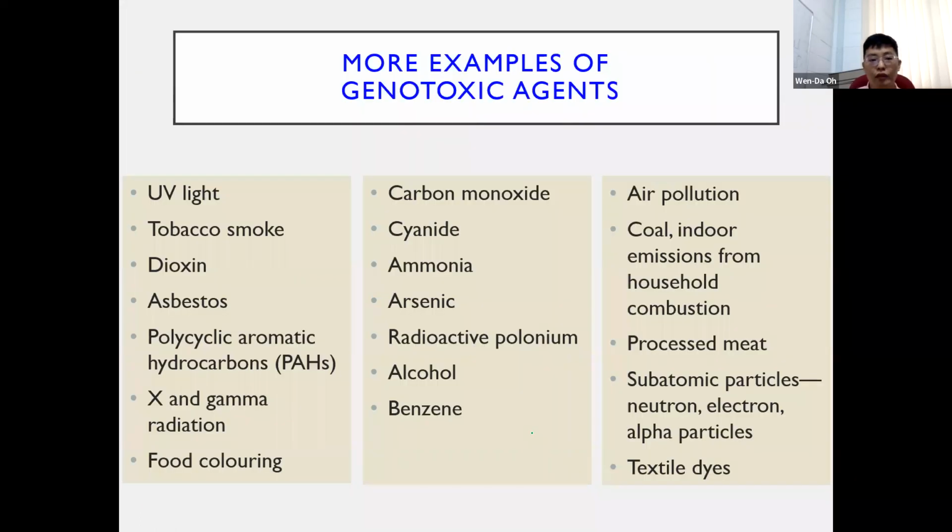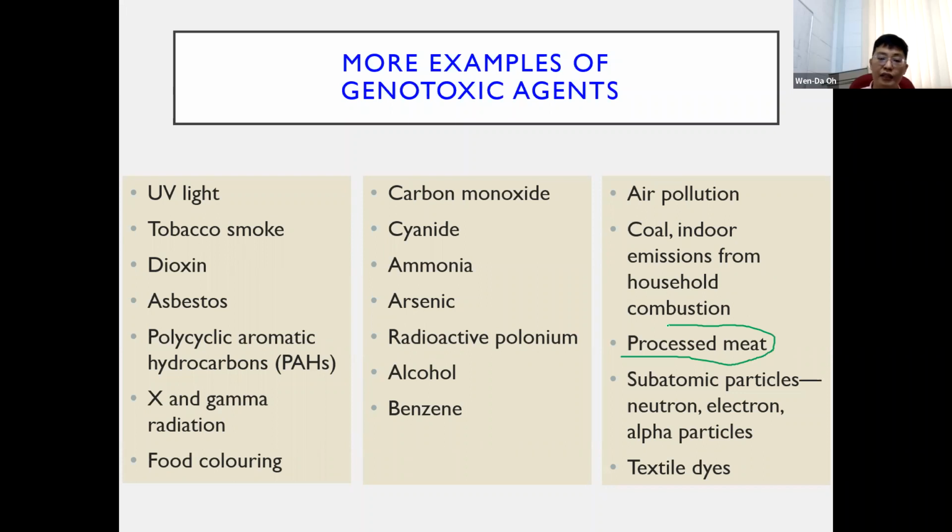So yeah, all these are examples of genotoxin: UV light, tobacco, dioxin, asbestos, ammonia, and sometimes air pollution, processed meat. Even processed meat is considered as genotoxin because they use benzoic acid as a preservative. Sometimes they use certain chemicals that, even though it's allowed by the government, are actually genotoxin.